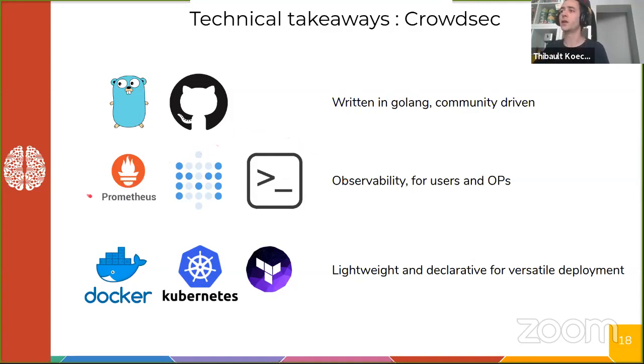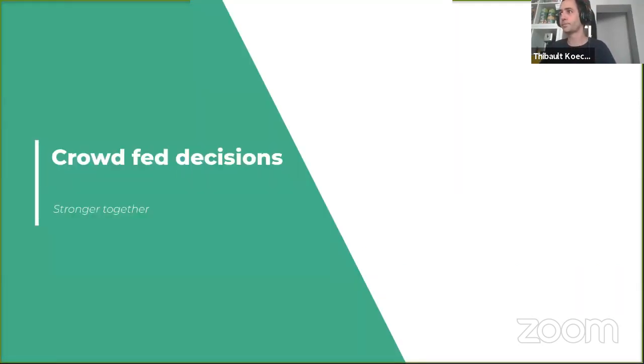So there is a very strong Prometheus instrumentation already present to allow sysadmins to understand really what is going on and what actions are being taken. For more classical humans, we have the Metabase dashboard that we saw, and for system administrators, it aims to be as friendly as possible. And it is lightweight and declarative, intended for very versatile deployments such as containers, etc.